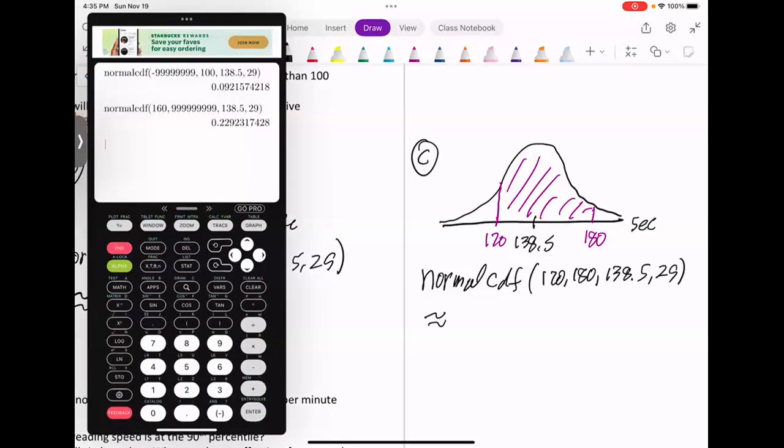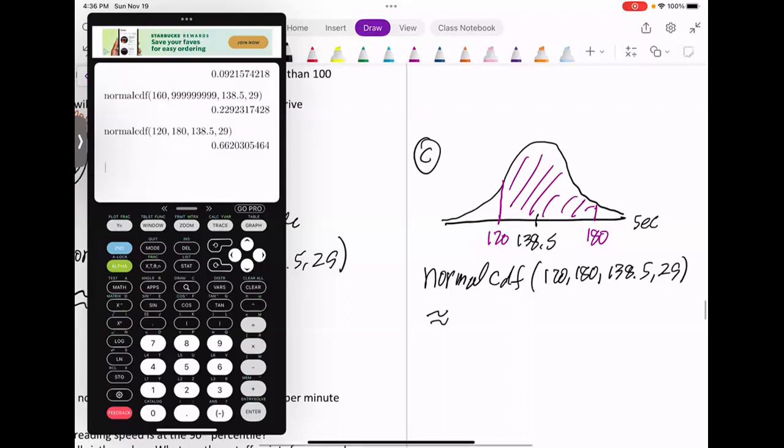All right, second vars, normal CDF, 120, comma, 180, comma, 138.5, comma, 29. Again, if you have the different interface with the TI-84, you should not be using any commas at all. So a pretty darn good chance, I would say, of between 2 and 3 minutes. 6620 is what I'm getting.